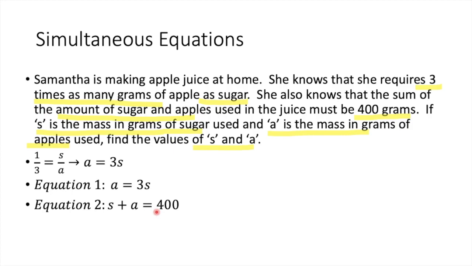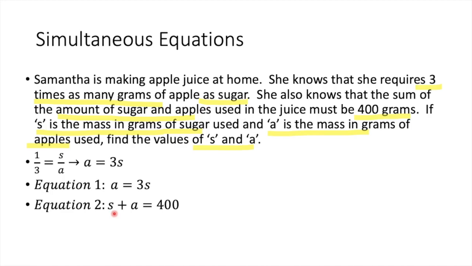In any algebra problem that involves equations, you must know that for a certain number of variables, you need at least that many equations. So for example, if you have 3 variables, you would need at least 3 equations to find the values of all 3 variables.